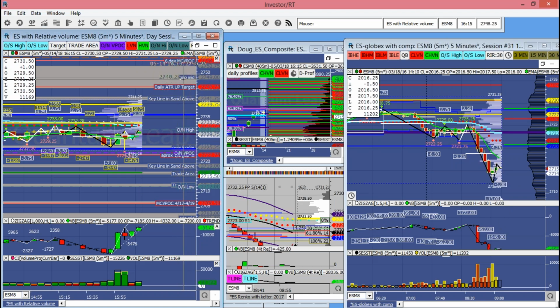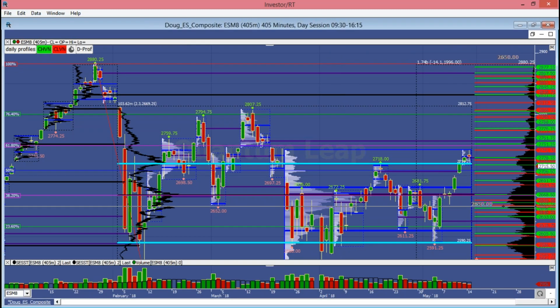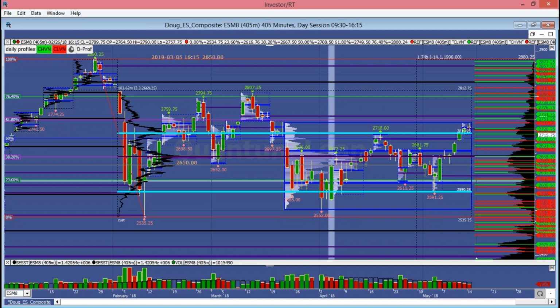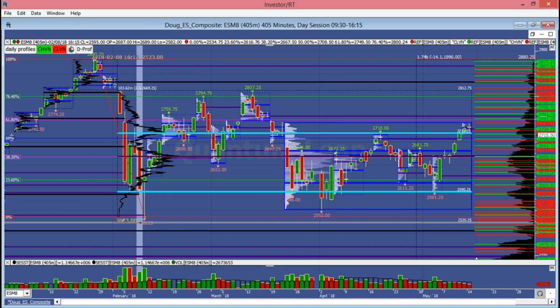This gap mid is actually the 61.8% retracement of this whole move down. You'd have to go to the full session to see it. But the whole move down off of the all-time high at 83.50 down to the 25.29, the 50% retracement is the 27.49.